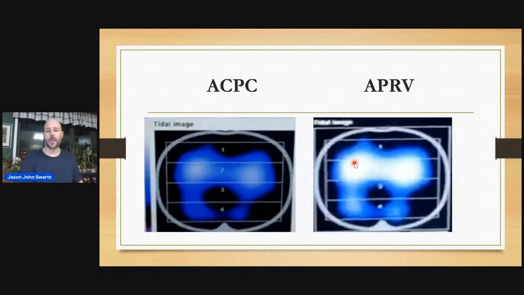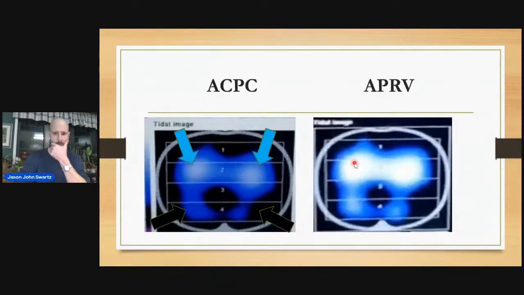So because APRV wasn't working its magic, I suggested that we prone the patient. This would put the patient's body weight on the ventral aspect of the lung, splinting that compliant area, and encouraging the opening of the dorsal region because there's no more weight on it. All right.